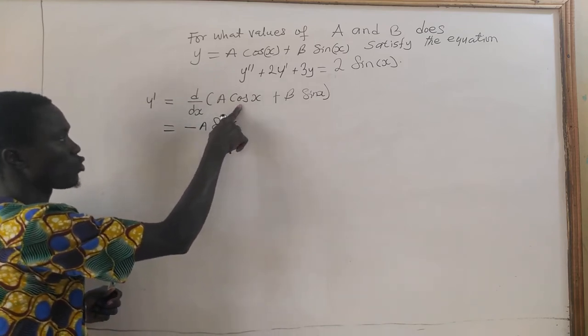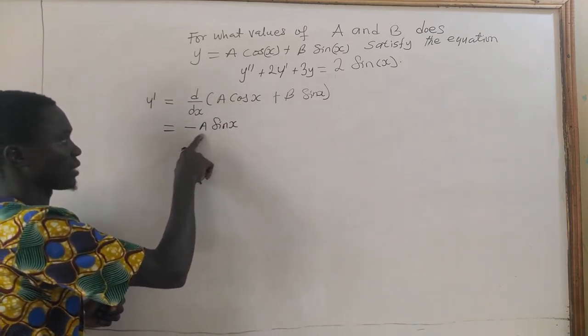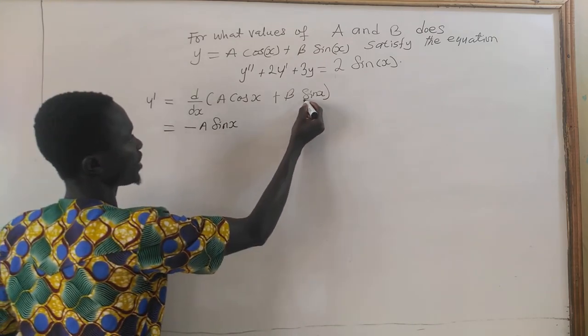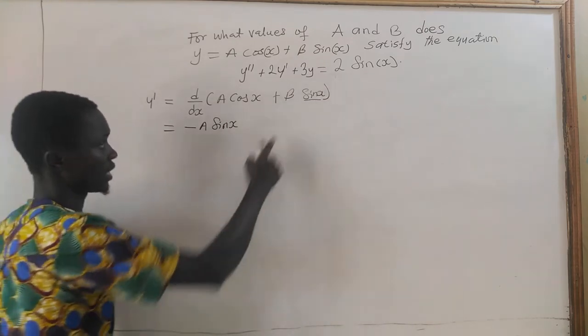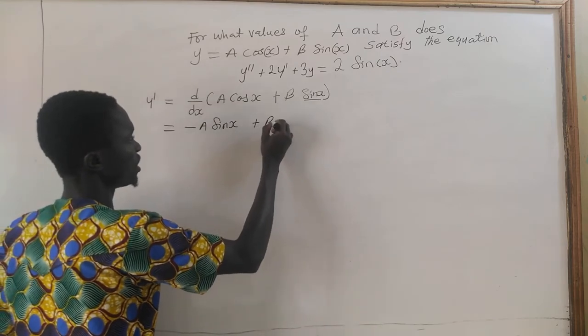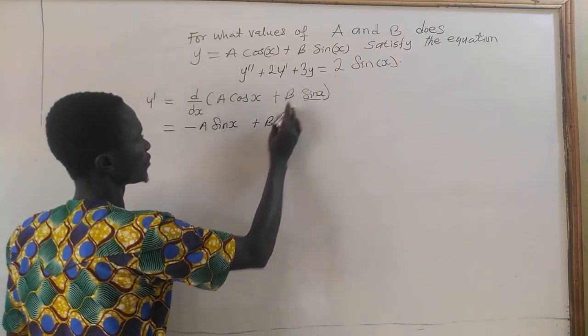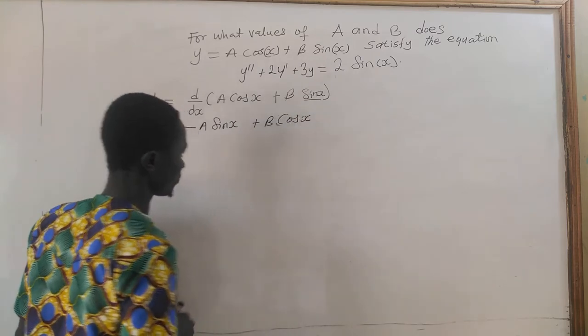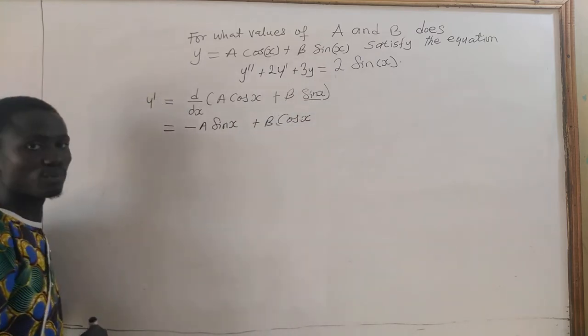That is, if we differentiate cosine of x, we get negative sine of x times a will give us negative a sine of x. If we differentiate sine of x, we get cosine of x times b. We get positive b cosine of x. Very, very simple as that.